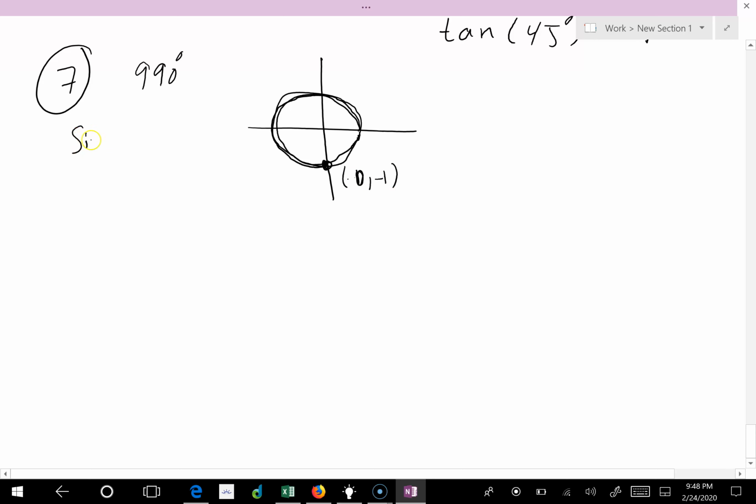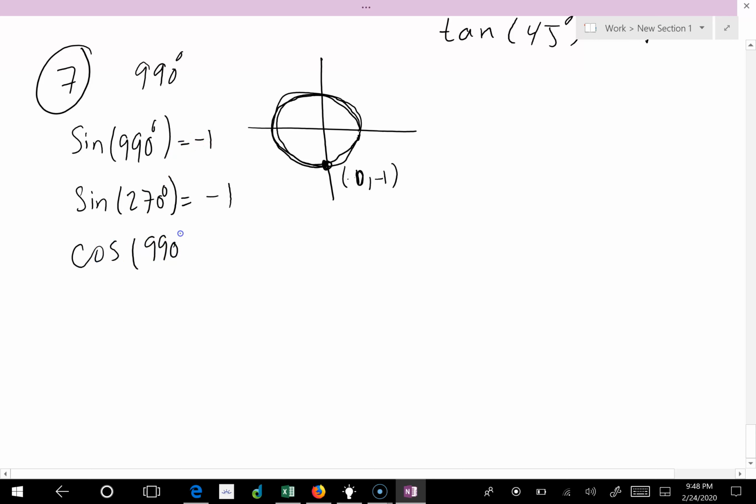So sine of 990 is the same thing as sine of 270 degrees. That is equal to negative 1. Cosine of 990 is the same thing as cosine of 270, and that's equal to 0.